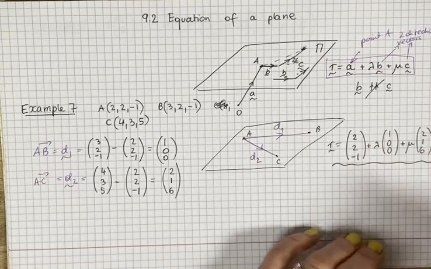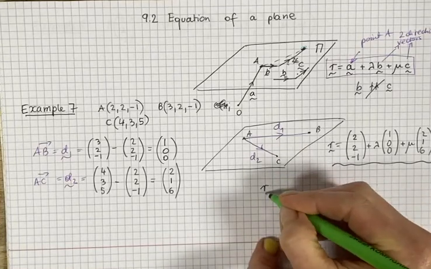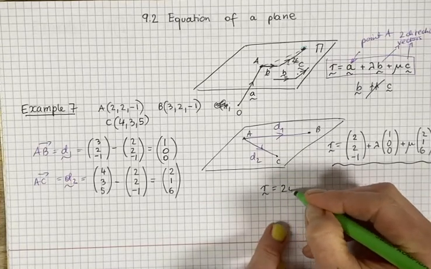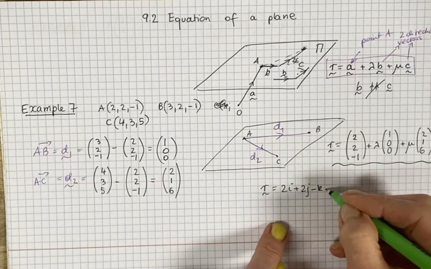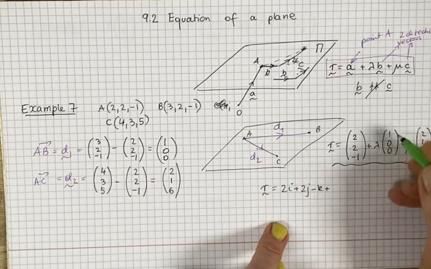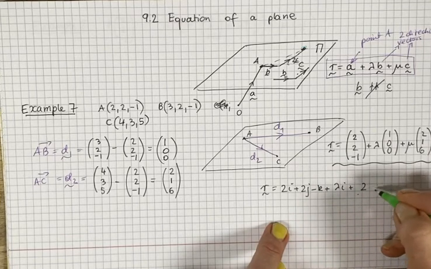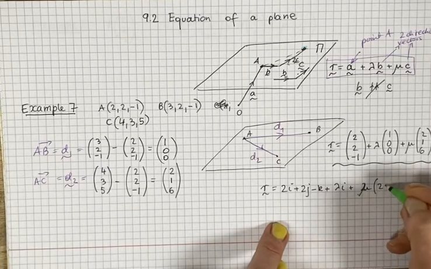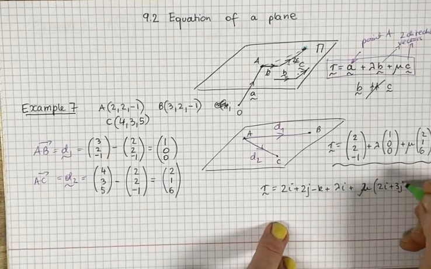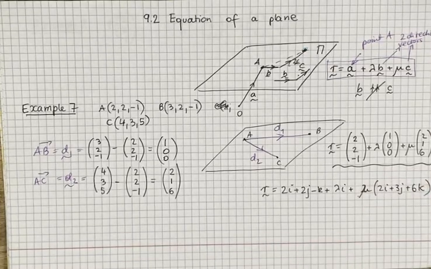I prefer column vectors. If you want to write it in IJK notation, it will look like this: 2i plus 2j minus k, plus lambda i, and mu outside, 2i plus 3j plus 6k, or you can expand it. There you go.